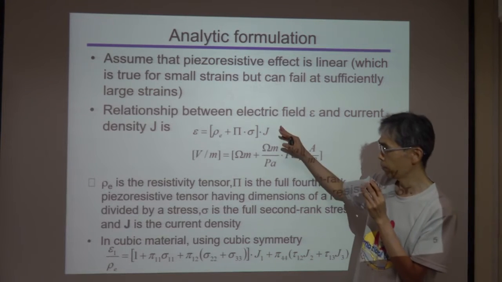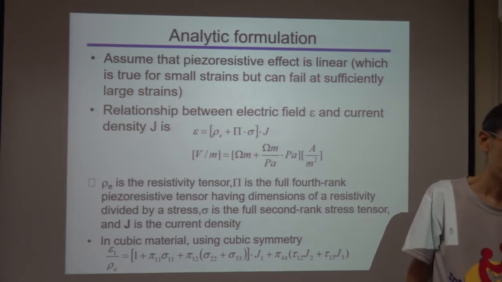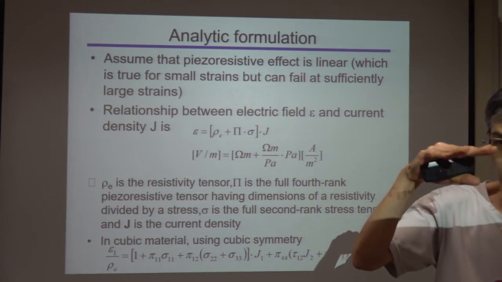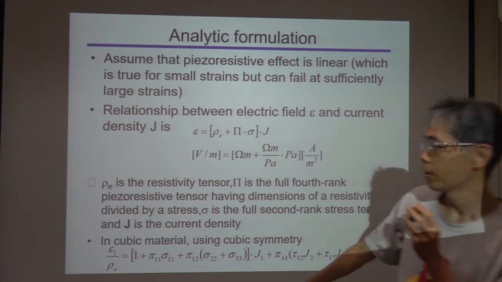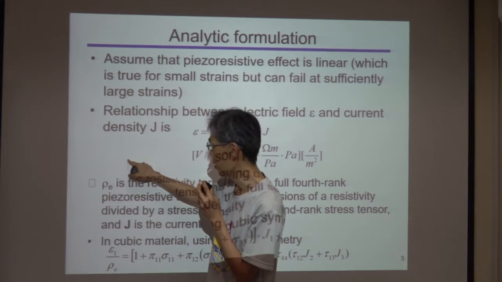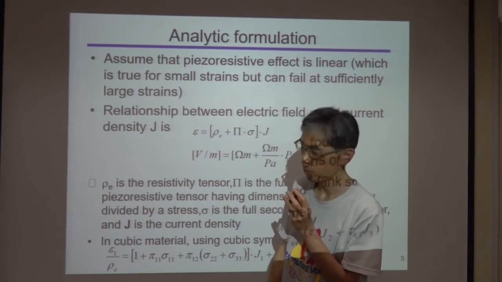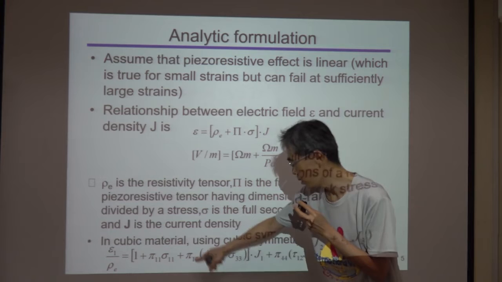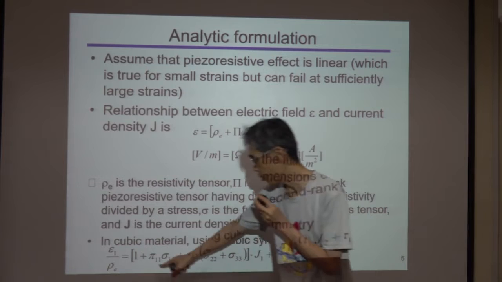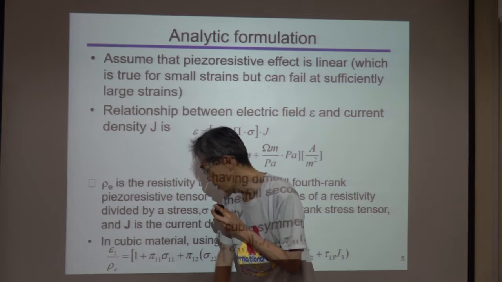Then for cubic material, where the atoms are in a regular pattern like a cube, we have 8 atoms at the top and 8 atoms at the bottom. For a cubic material, we can simplify this equation into 3 equations, electric field in one direction.